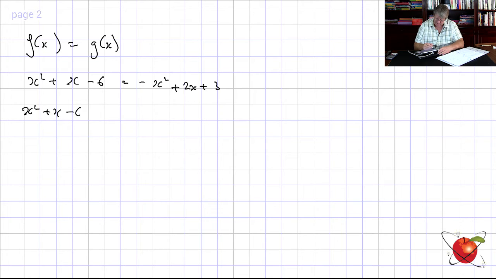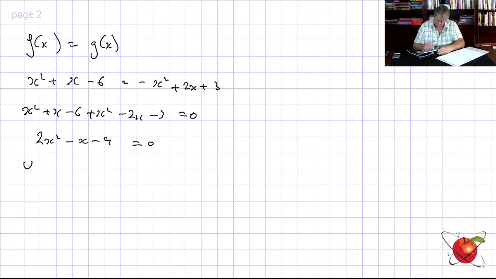Plus x minus 6 plus x squared minus 2x minus 3 equals 0. Now we group like terms. Remember, we end up with 2x squared minus x minus 9 equals 0.